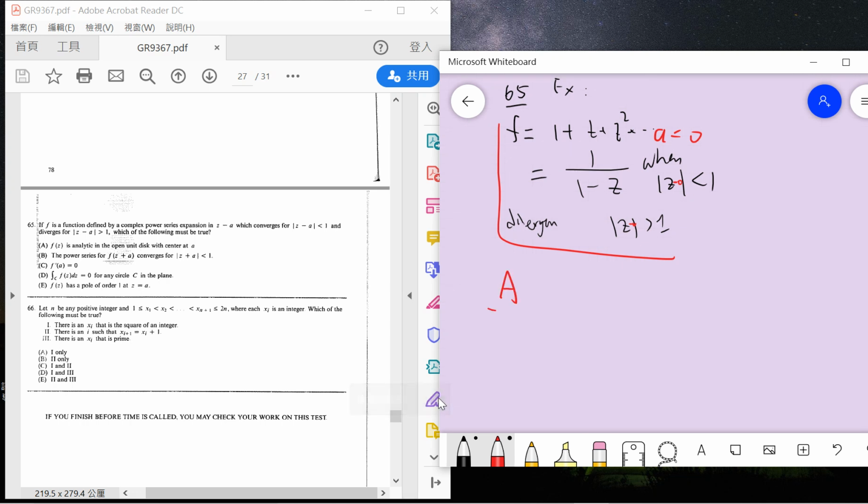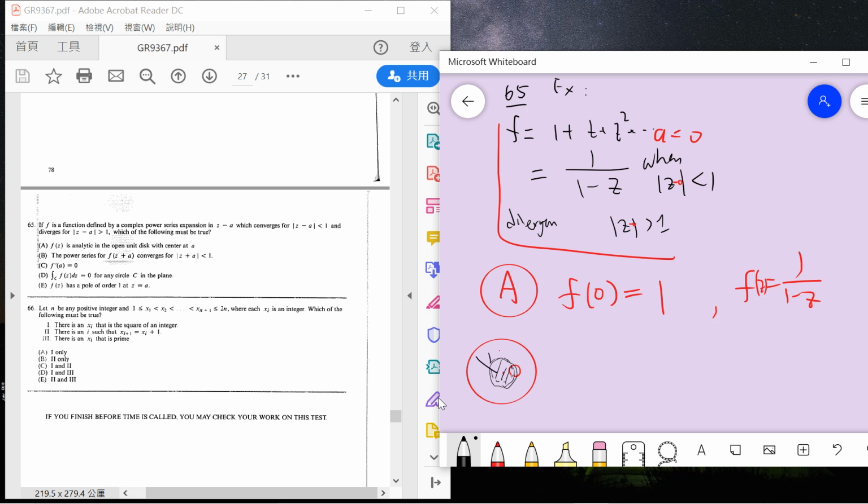Okay, so the A choice: f of z is analytic in an open unit disk with radius a. So how about f of 0? f of 0 is defined to be 1, right? And f of z is 1 over 1 minus z. So this is well defined in a unit disk.